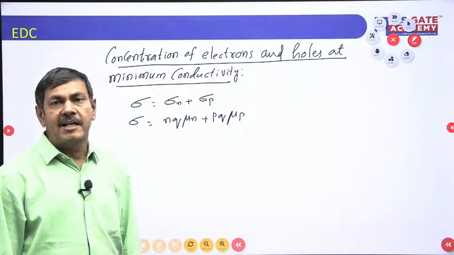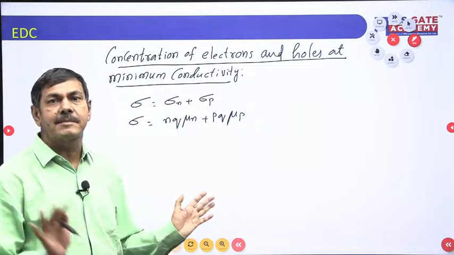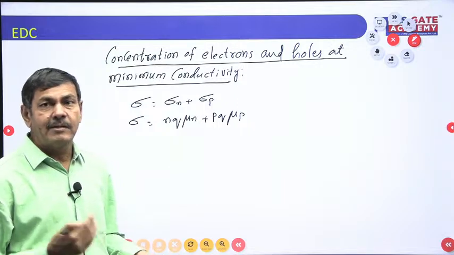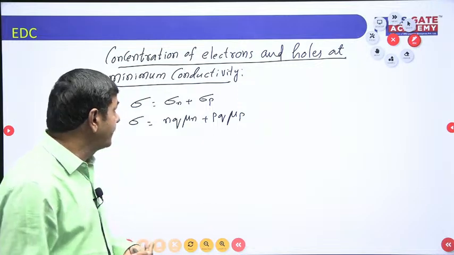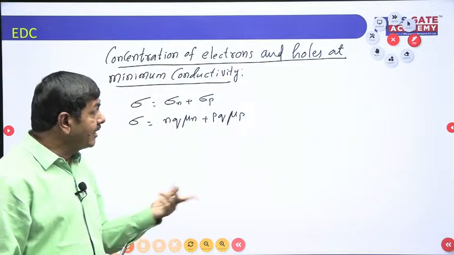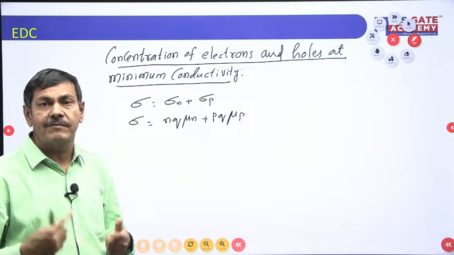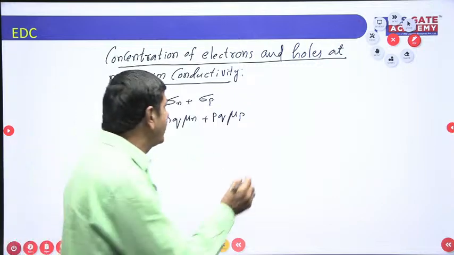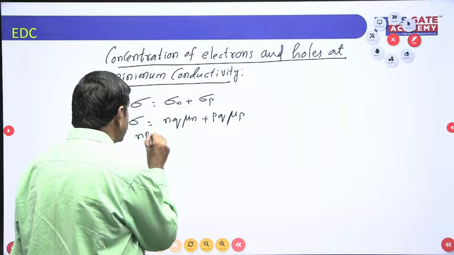In the problem it is not specified that the given material is an intrinsic semiconductor, it is just a semiconductor. In this semiconductor I can't take n equal to P equal to Ni, because it is not an intrinsic semiconductor. Understand my point now. Suppose I want to find the concentration of electrons, so you convert P in terms of n by using the mass action law. Without the mass action law we can't do this. We know very well the mass action law is n into P equal to Ni square, as I explained in the last class.